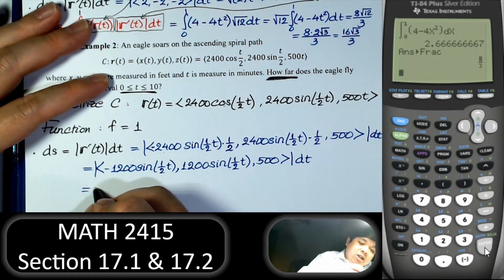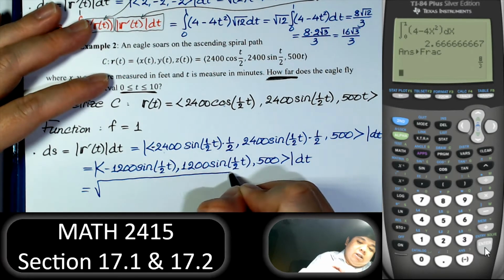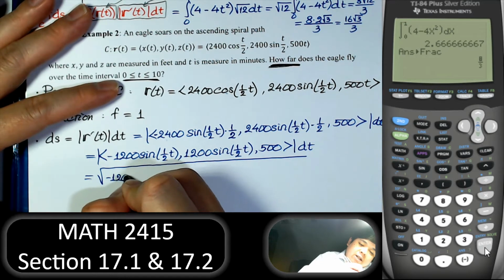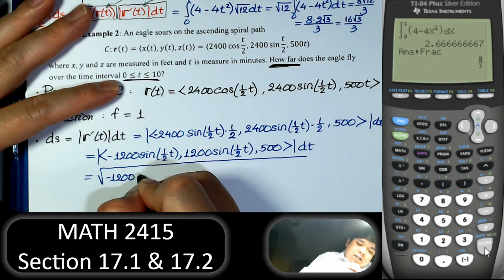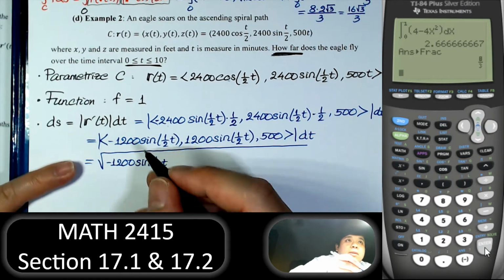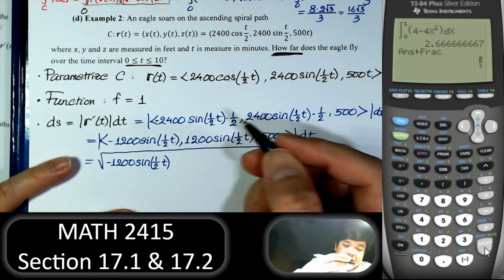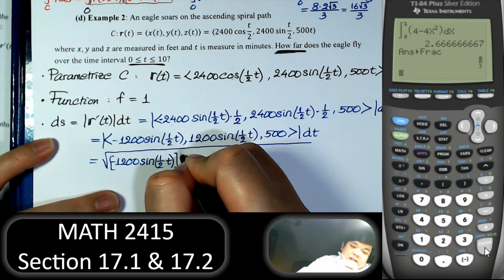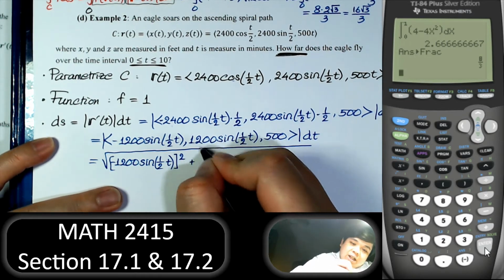If we want the magnitude, we have the sine of 1/2 t, and that 1200. Don't worry, this will not take as much space as it looks right now.